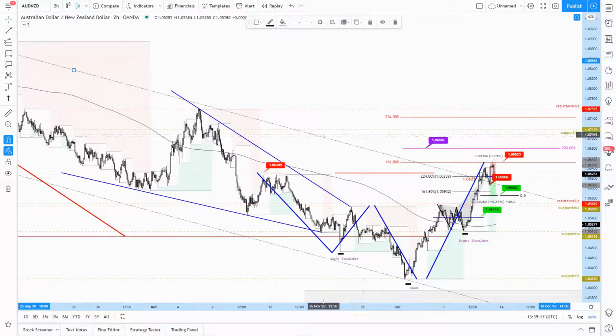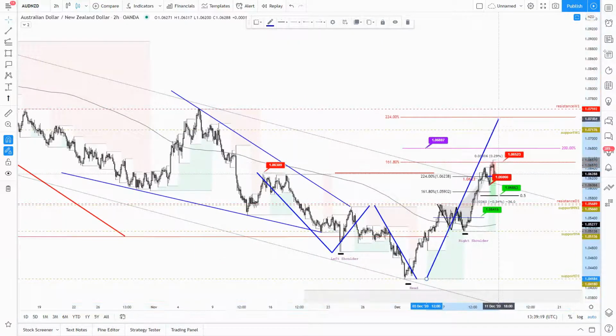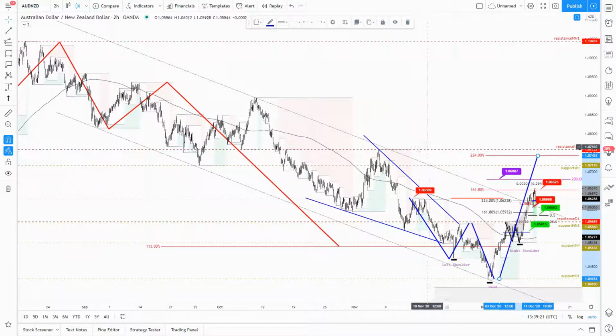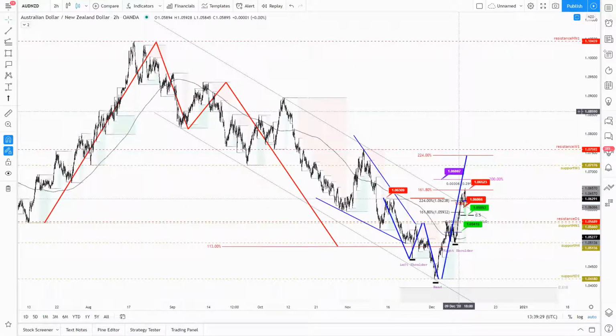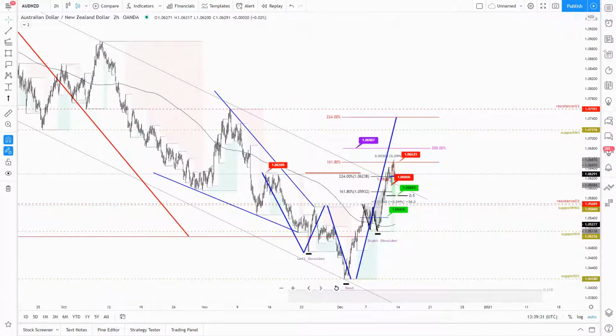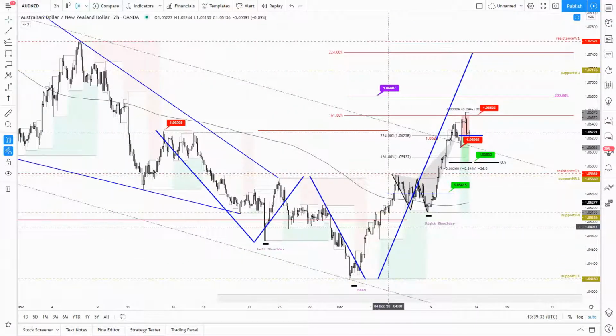But since we are trading above it, I will not be surprised with the 224% Fibonacci extension being reached. Also, weekly fractal resistance, a retest of that fractal will not be a surprise again. So let's stay tuned on this one.